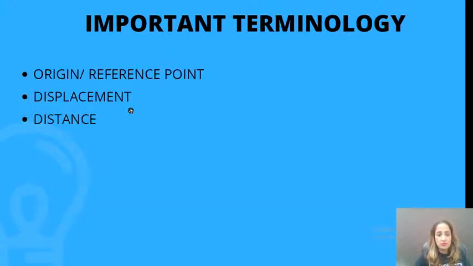And displacement, as we have already discussed, is the smallest distance taken by the car from the original position to the final position. And distance is whatever distance it has covered all throughout the way, starting from O and coming back to B in the example that we have taken.